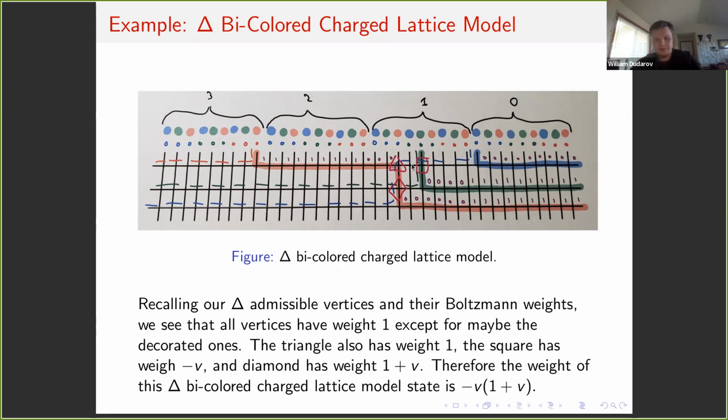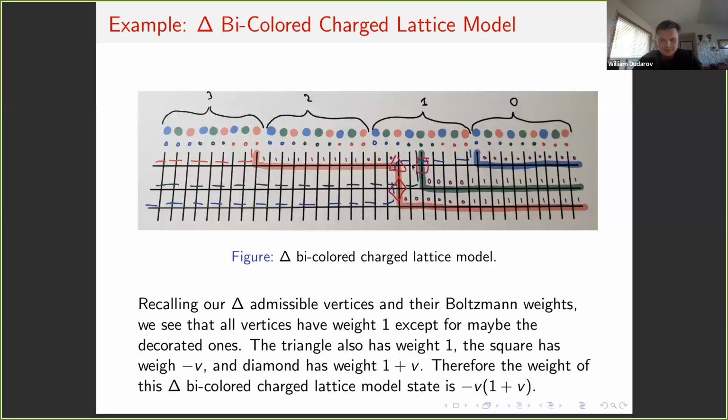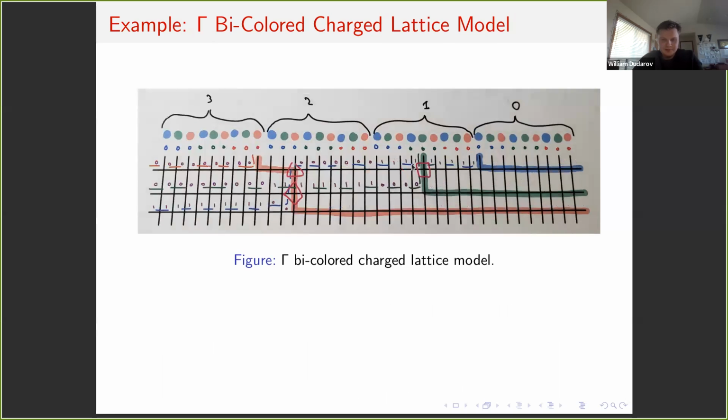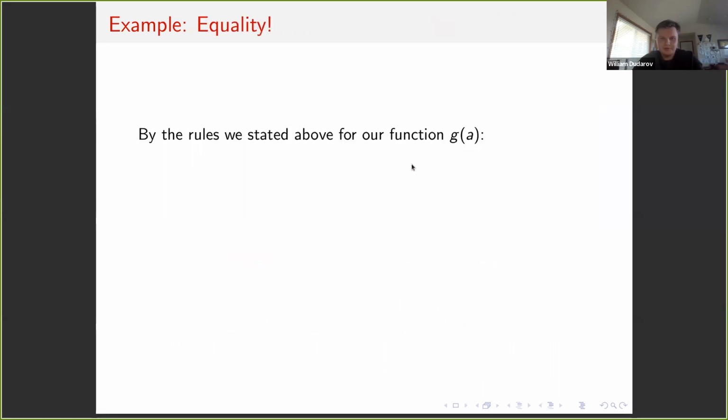Therefore, the weight of this delta bicolored charged lattice model state is minus v times 1 plus v. These are not the same. Minus v times 1 plus v is not the same as g1 squared times 1 plus v, but it actually is.